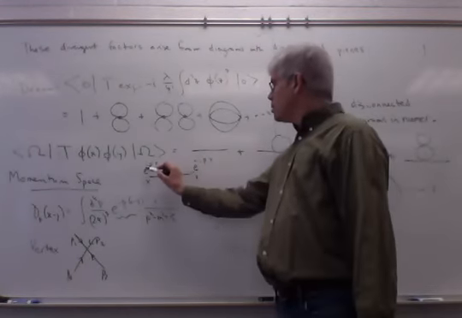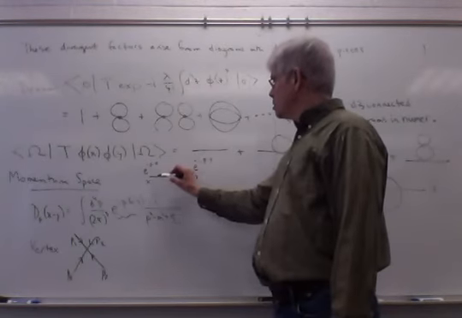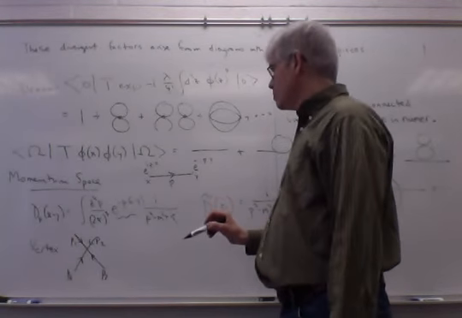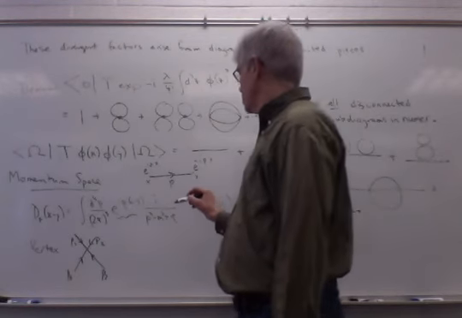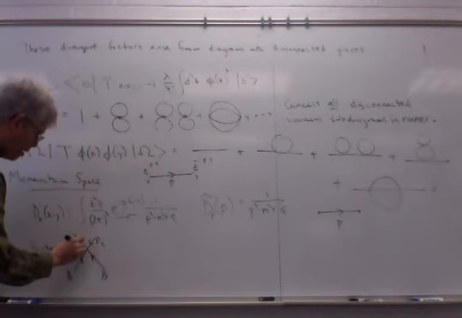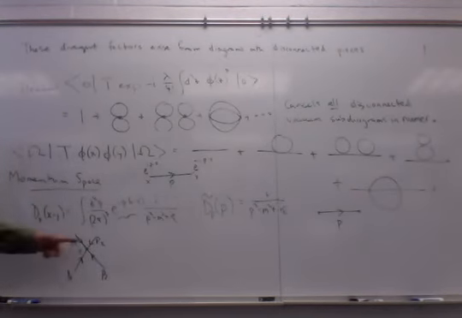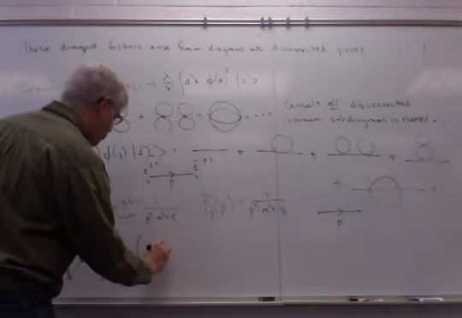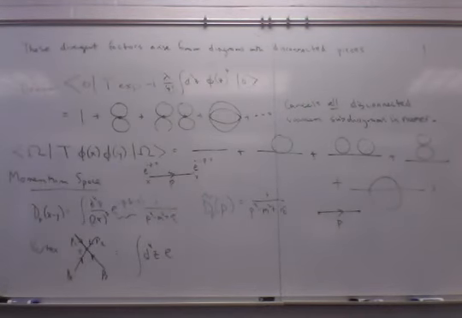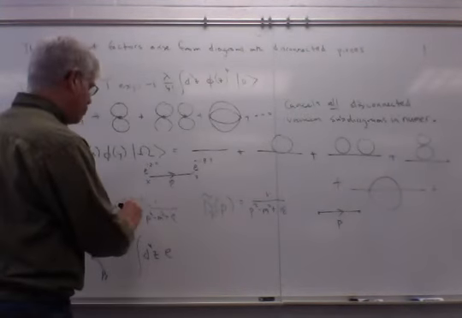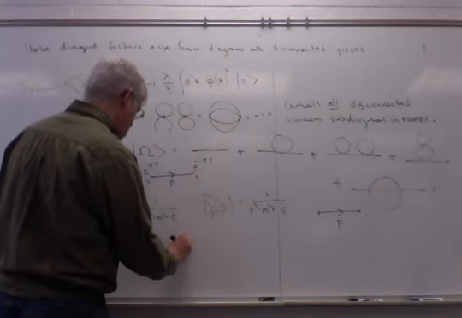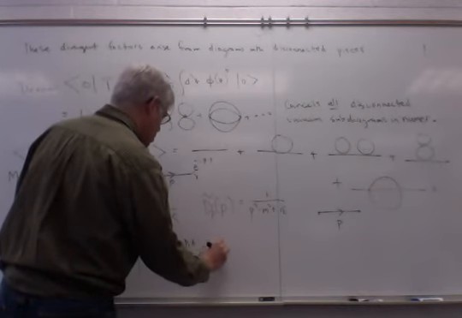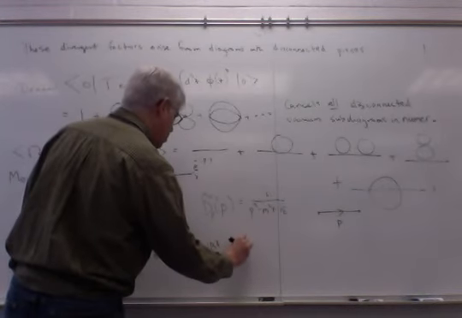So if we associate these factors to this propagator line, then if we have a bunch of momenta flowing into a point z, in addition to the usual integration over z, we should put a factor of e to the minus i p1 z, e to the minus i p2 z, e to the minus i p3 z, e to the minus i p4 z.